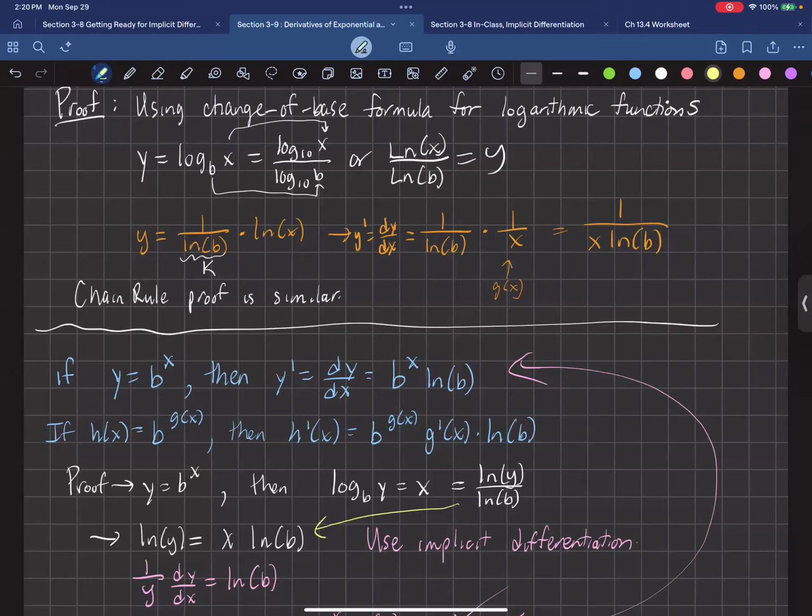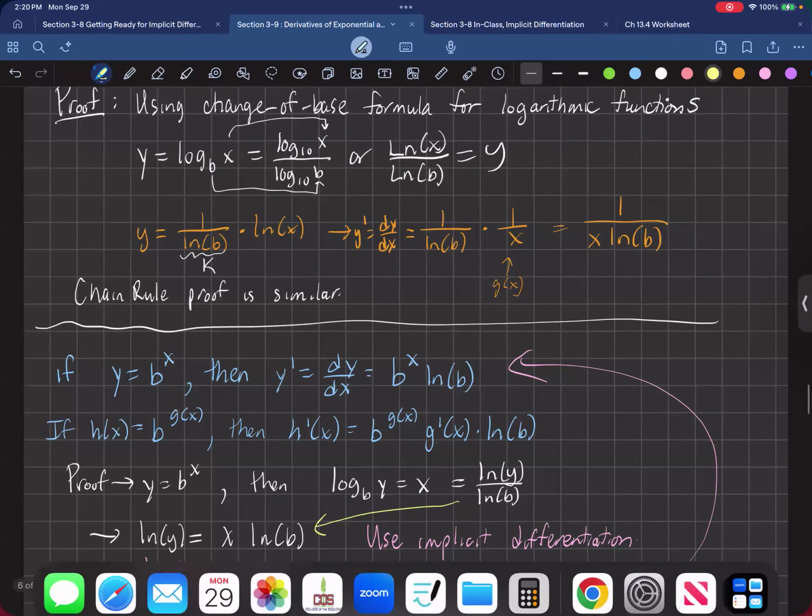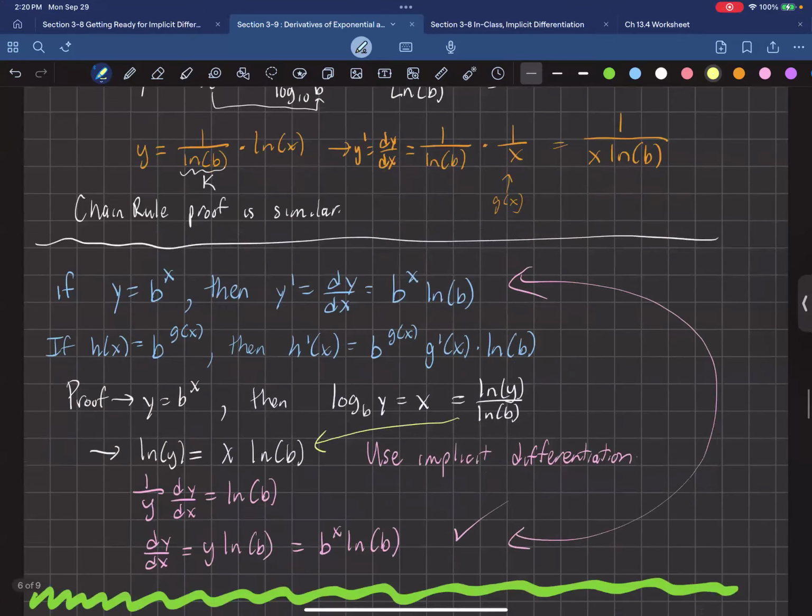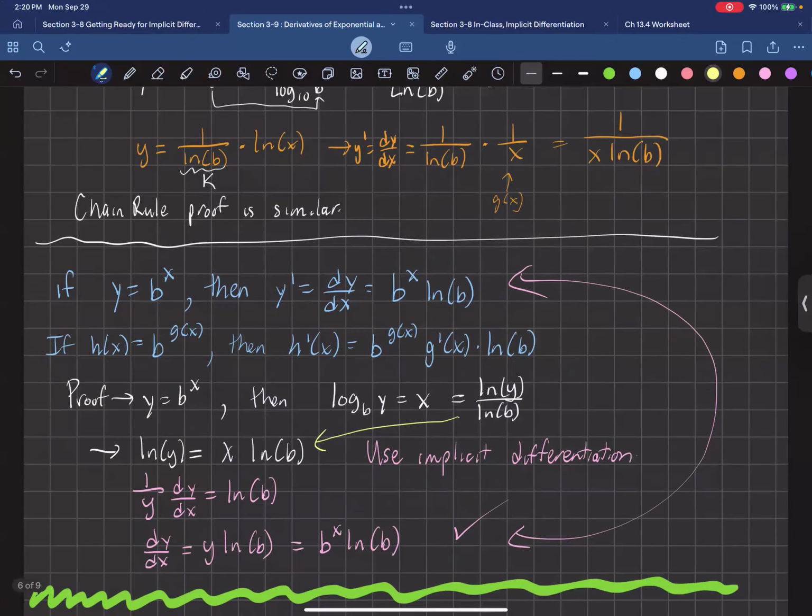The derivative on the right side is just natural log of b. We multiply both sides by y. We get dy dx equals y times natural log of b. But y equaled b to the x. Look at that. So we get b to the x times ln of b.